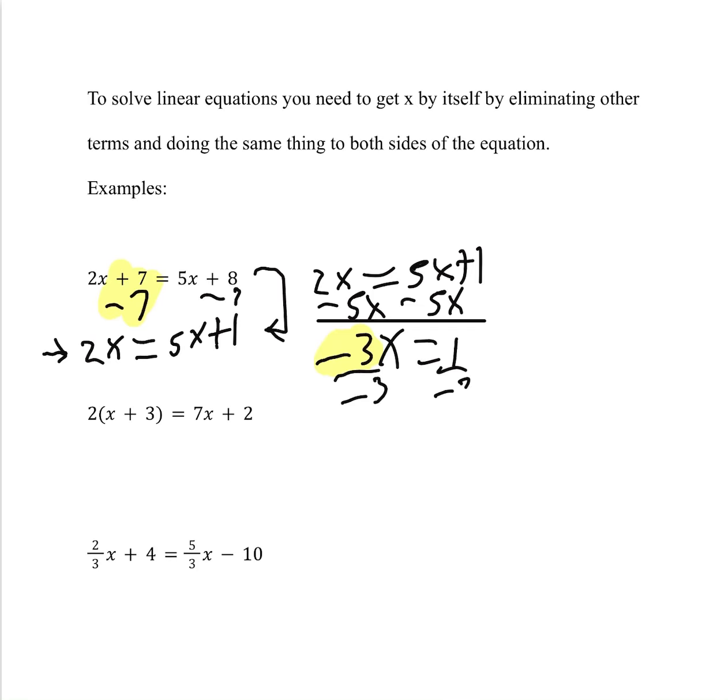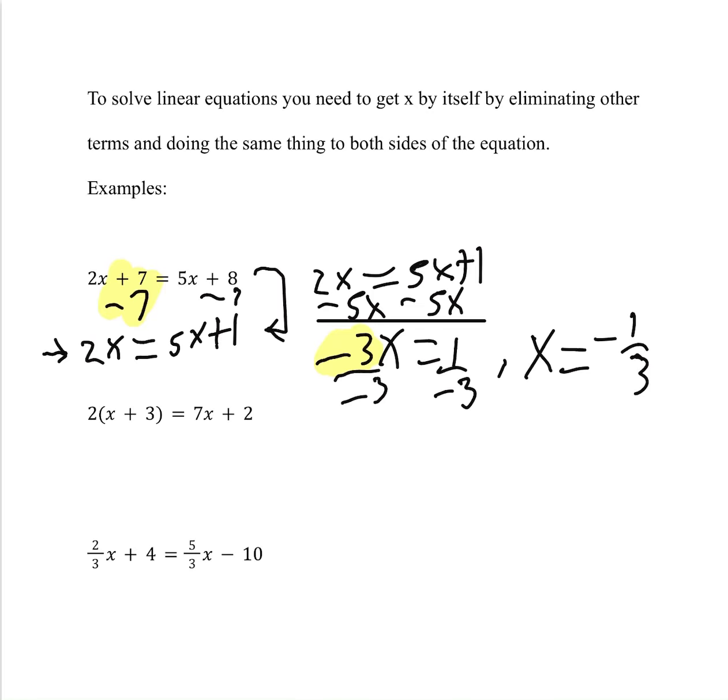So we want to divide by negative 3 on both sides. So the negative 3 on the left and the negative 3 on the bottom, they go away. They undo each other. So x equals negative 1/3.